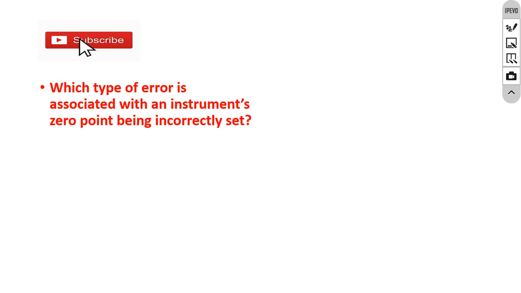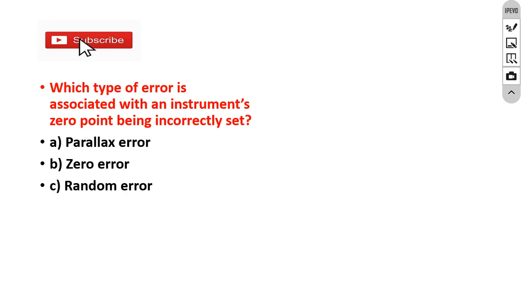Which type of error is associated with an instrument's 0 point being incorrectly set? A. Parallax error, B. Zero error, C. Random error, D. Personal error. The correct option to this question is option B, zero error. We have discussed that earlier.